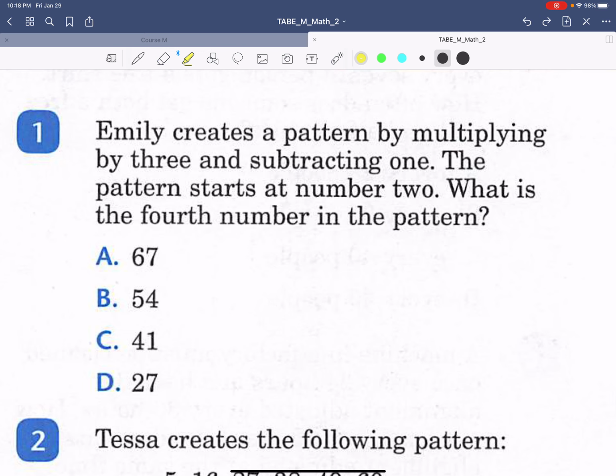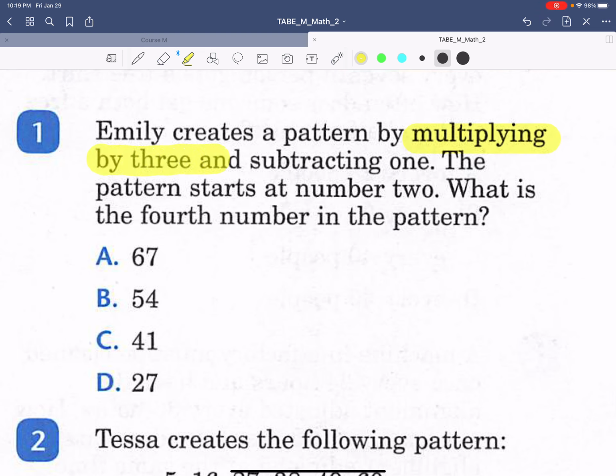Number 1. Emily creates a pattern by multiplying by 3 and subtracting 1. The pattern starts at number 2. What is the fourth number in the pattern? Well, there are 3 key pieces of information here that I want to notice. First of all is the rule.